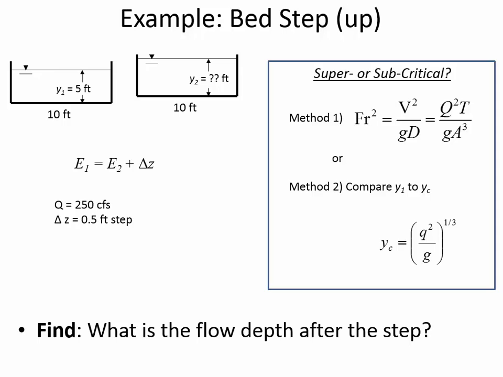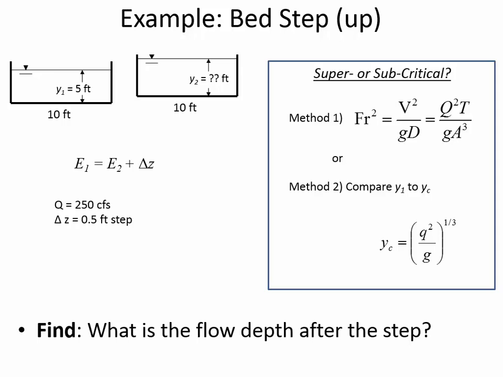The velocity head is best expressed in problems like this in terms of Q and A, because we only want to have one variable, or one unknown. We want our unknown to be y, instead of not knowing both the velocity and the depth.